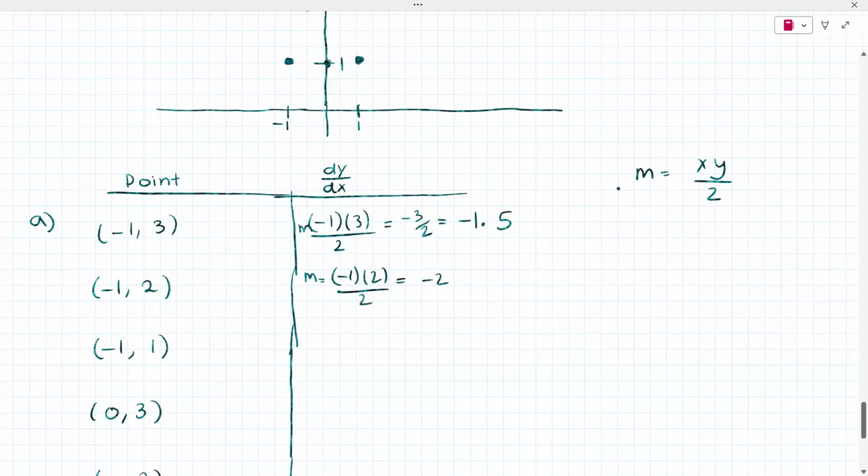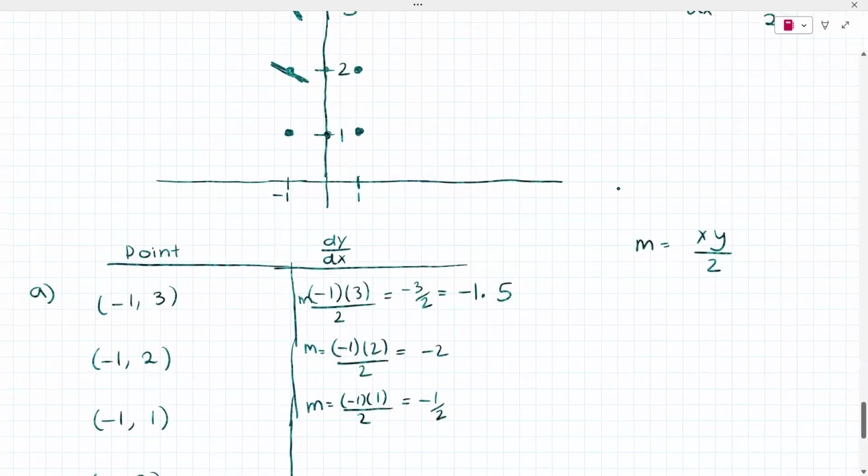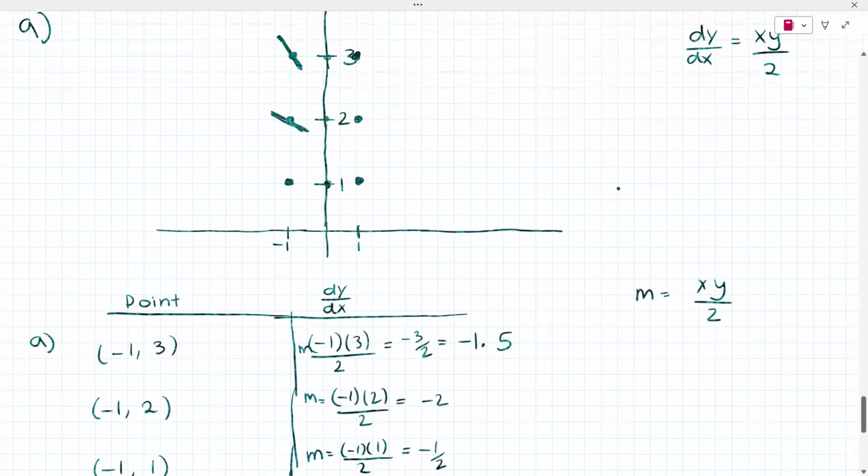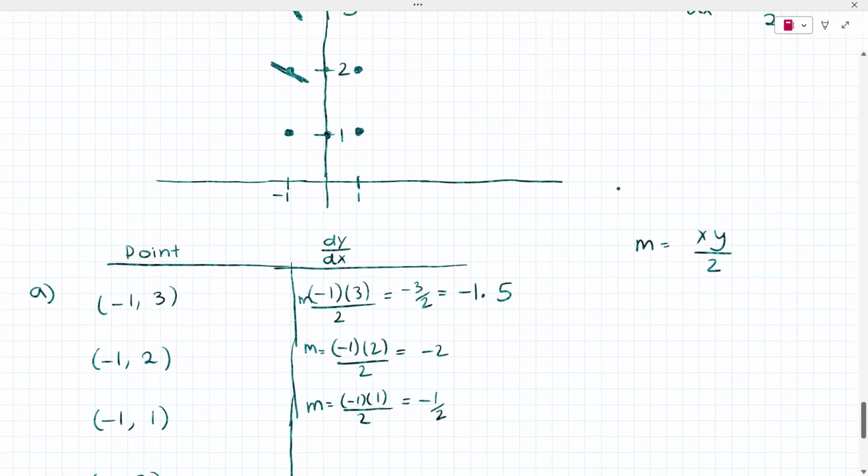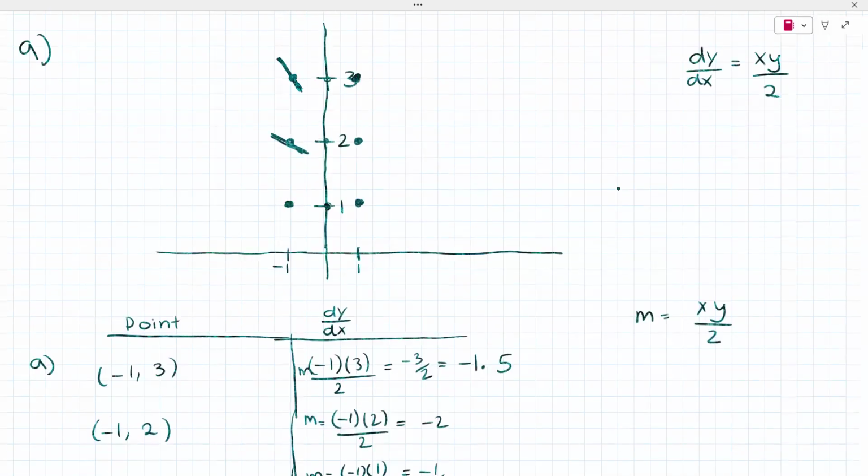And then -1, 1: my m is -1 times 1 over 2, which is negative 1 half. So at the point -1, 1, it's negative, but not as steep as negative 1, so it's going to look something like this.